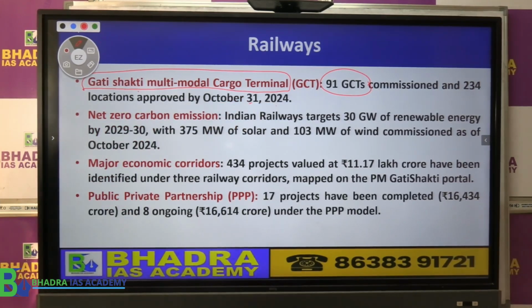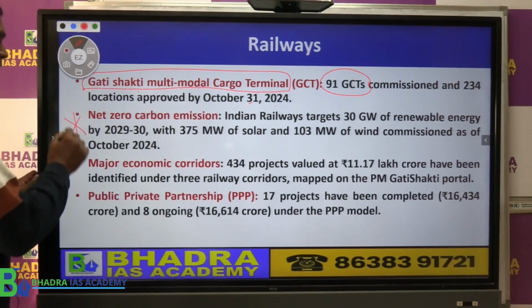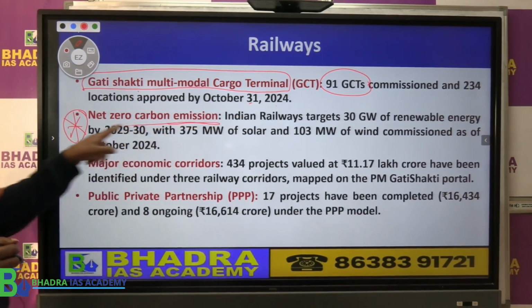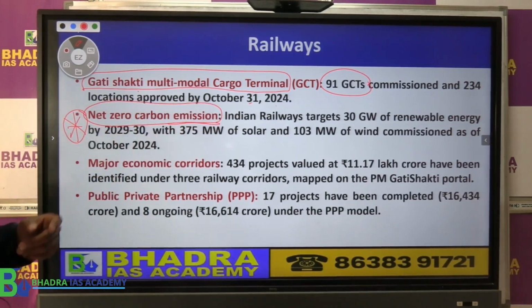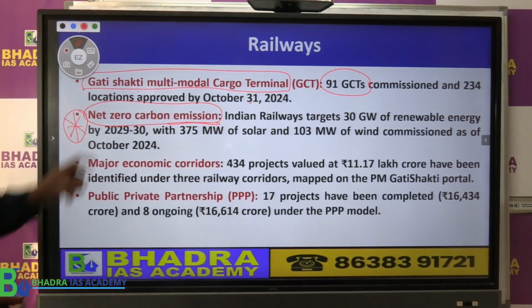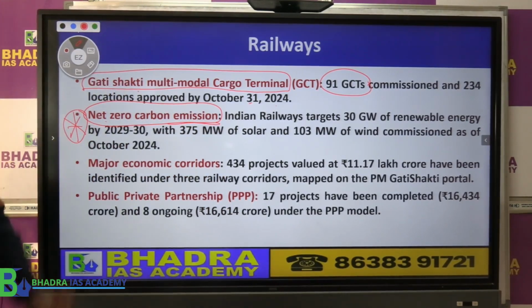Now another important point from the exam point of view is this one. What do we call net zero carbon emission? The government has now been talking about renewable energy and clean energy, which may be important from the exam point of view.